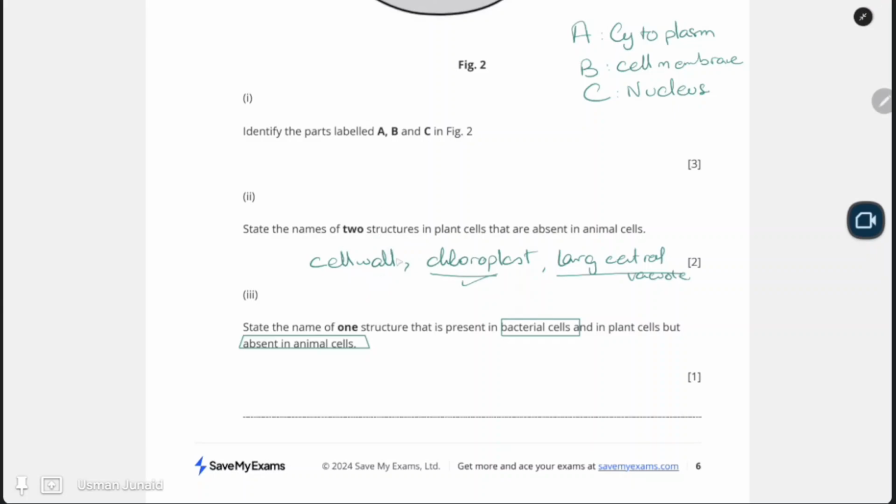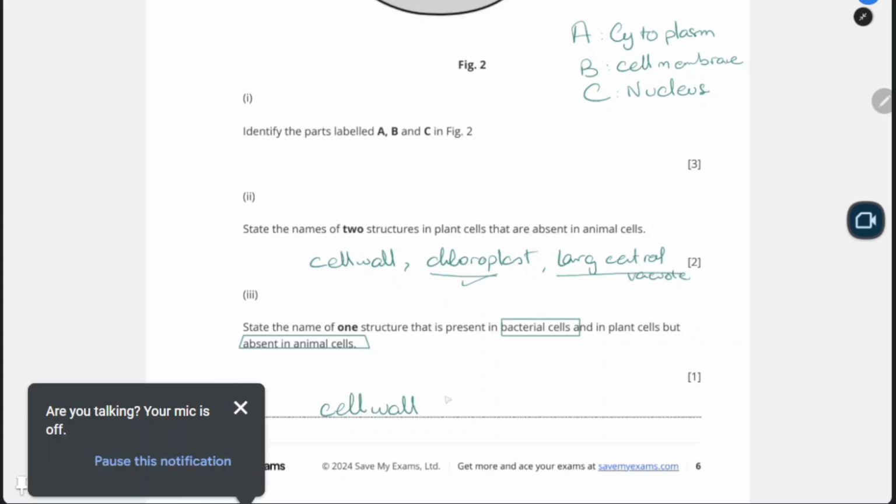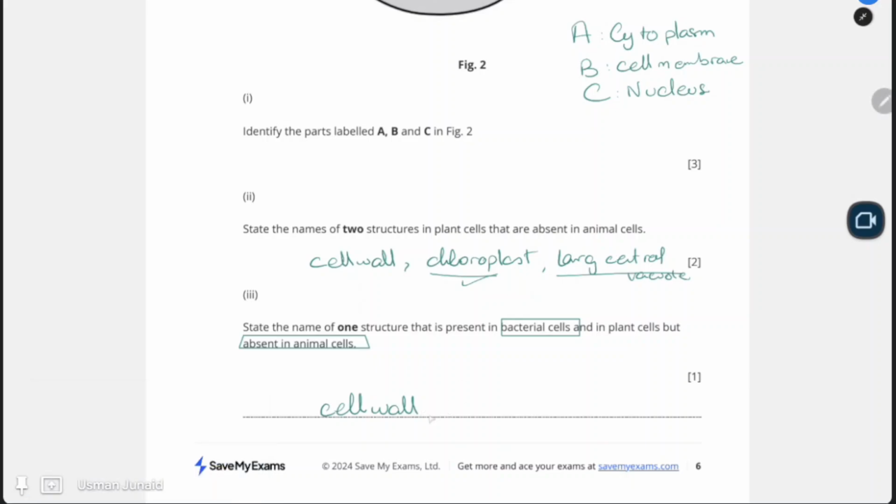Is it the cell wall again? Yes, it's the cell wall. However, the only difference between the cell wall of plants and the cell wall of bacteria is that the cell wall in plants is made from cellulose, and in bacteria it's made from peptidoglycans. Okay.